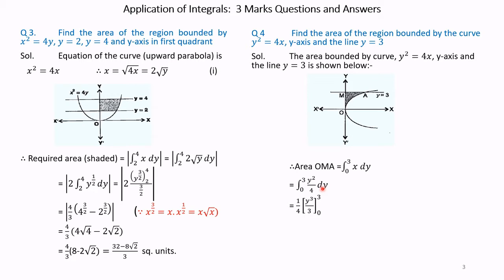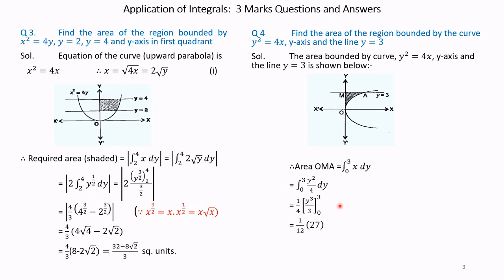Therefore, it becomes y cube by 3, using the power rule: y to the power of 2 plus 1 divided by 2 plus 1. The 1 by 4 we have taken outside. The limits are 0 to 3, upper limit 3 and lower limit 0.